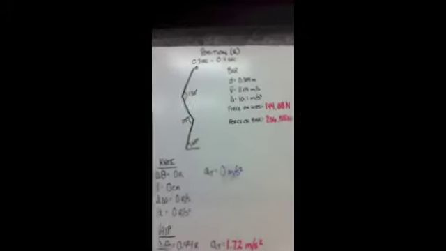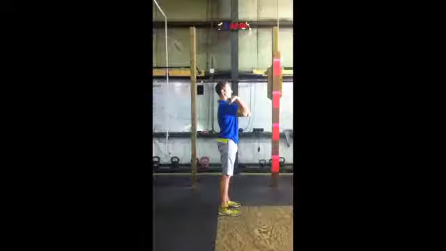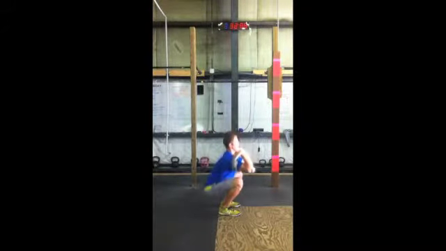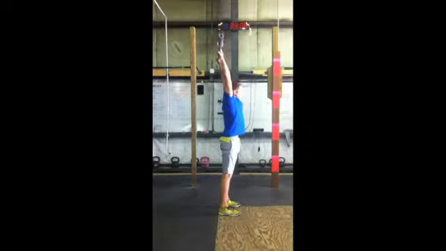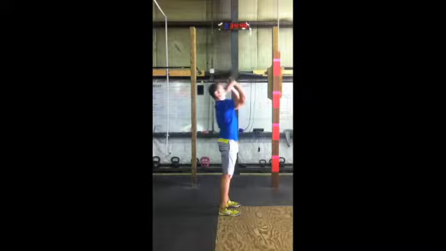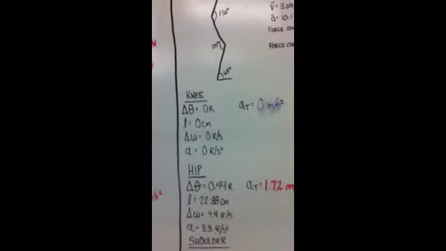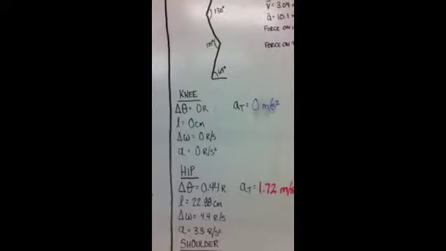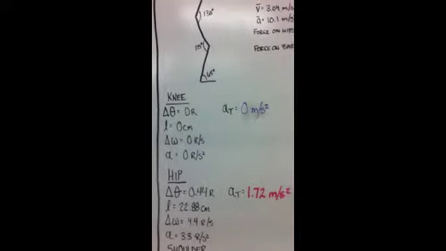As we move to position B, which is the following tenth of a second, I get zero change in the knee angle, so I remain at 65 degrees.